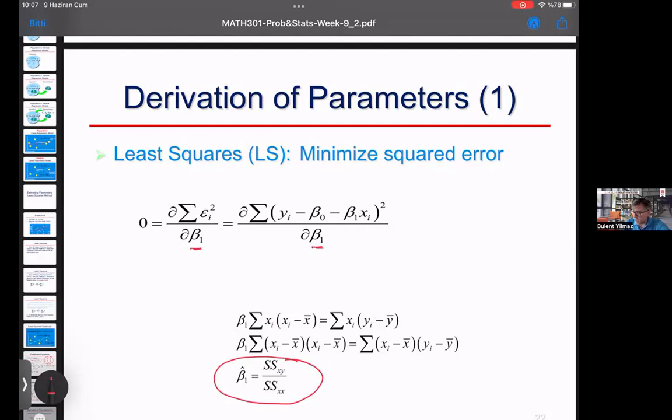We had one example: x is 1, 2, 3 and y is 2, 3, and 7. X bar was 2, y bar is 4, and we found xi minus x bar values and yi minus y bar values.